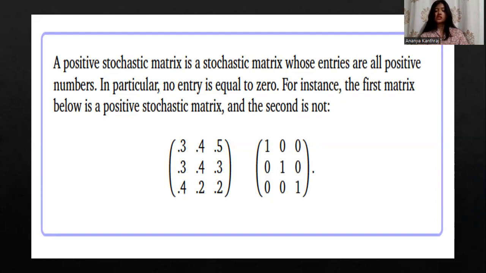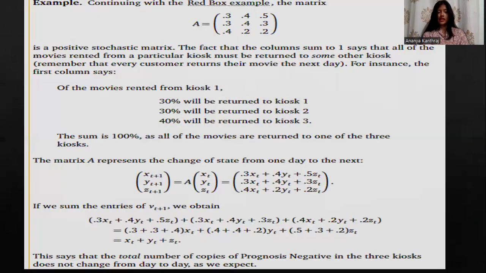The first matrix includes decimal values, and the second includes only ones and zeros. So we can describe them as a positive stochastic matrix and a non-positive stochastic matrix. Next, let us look into the example of a stochastic matrix.